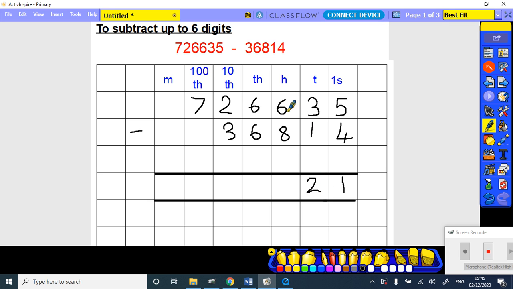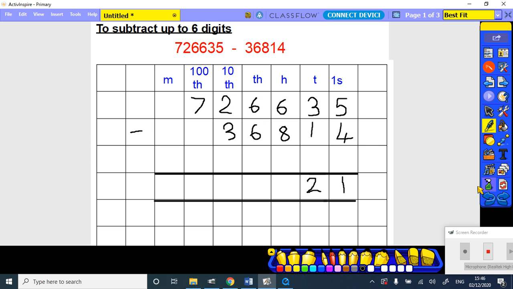We can then look at the hundreds, and on our top number here, you can see we have 6 hundreds, and we need to subtract 8 hundreds. Now, as 600 is less than 800, we cannot complete this subtraction. So what we need to do is move to the next column, which is the thousands, and we're going to exchange or steal one of these thousands and bring it into our hundreds column.